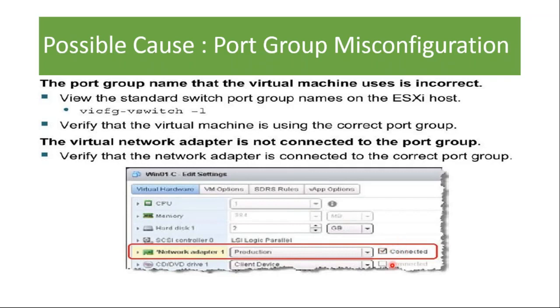The connection status should be in the connected, enabled state. If there is a misconfiguration on the port group, you can't communicate with your destination host, or users can't connect to this particular virtual machine. This is also one of the reasons for the connection drop of your virtual machine.